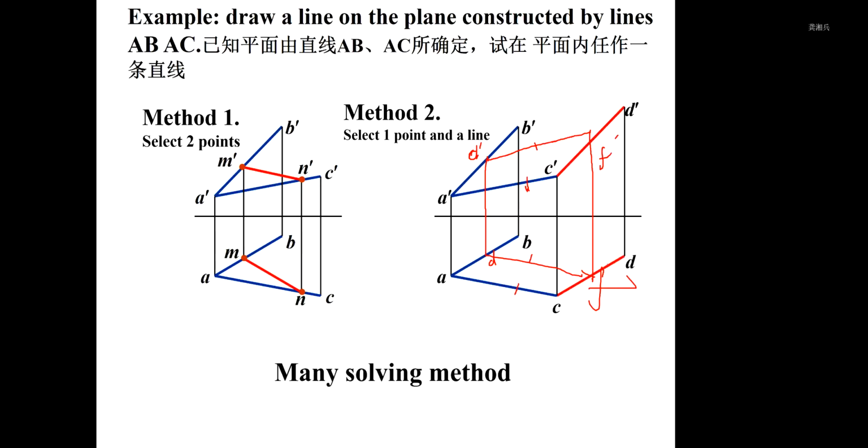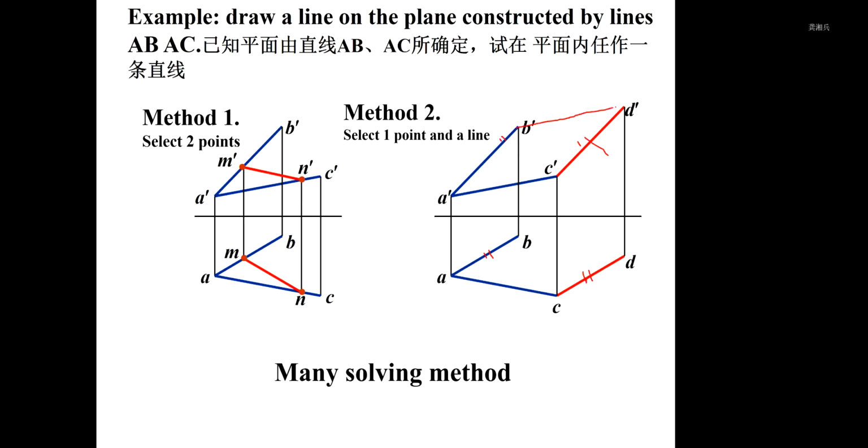You can use this one, it is right. Many solving problems are just like here. He used C because C is on the line here. You just use C to add a line CD parallel to AB because point C belongs to the plane. So CD is parallel to AB, so you can get a line belonging to this plane.